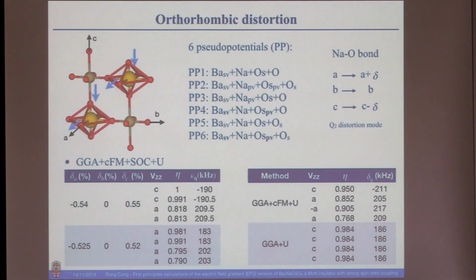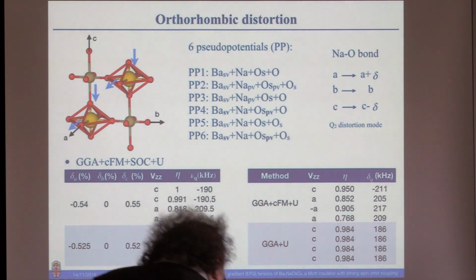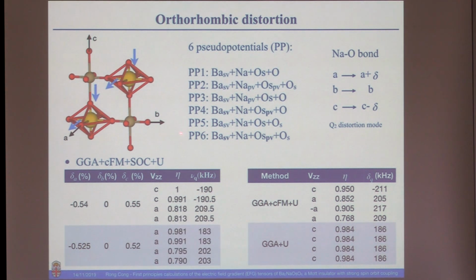Because the electronic environment on the sodium site is dependent on the pseudopotential, we tested 6 different pseudopotentials and found that PP6 works best. Then by manually changing the bond length, we found the distortion that can match the value we deduced from the experiment.